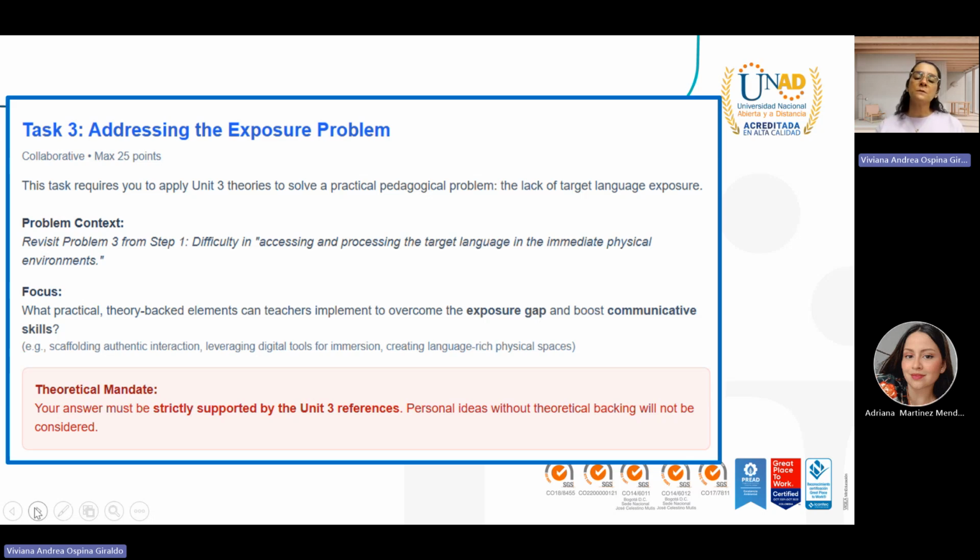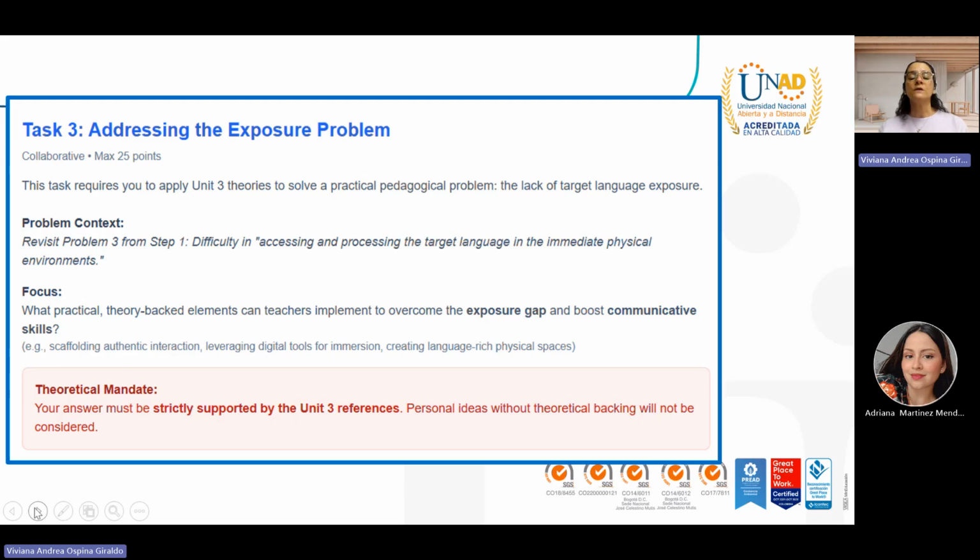Therefore, these experiences will help us to focus a little bit more and try to think and remember when those moments of exposure gap happened. What would you have done if you could have had the possibility to make changes? So what would you have done to boost communicative skills?